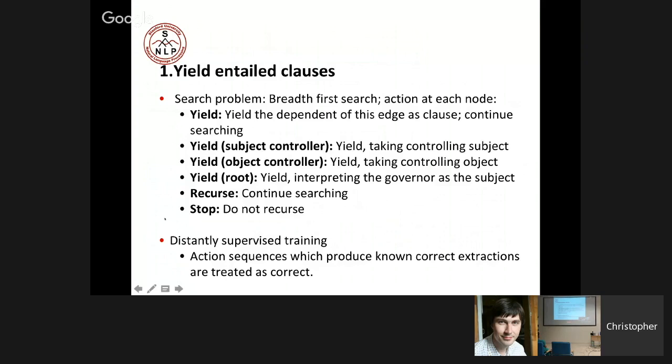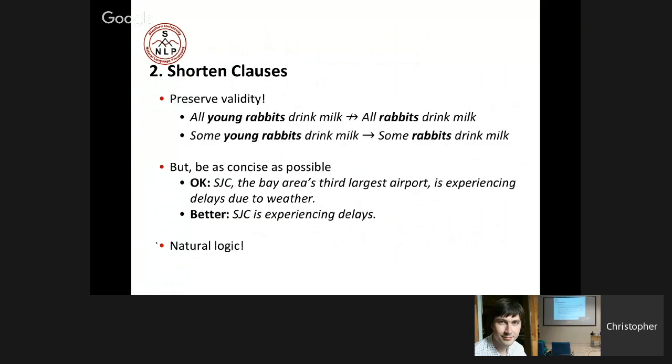We're able to train this using distant supervised training, where we haven't actually labeled sentences for this, but we've trained it based on things that we know about as good extractions, using the OLLIE data that we classified previously.